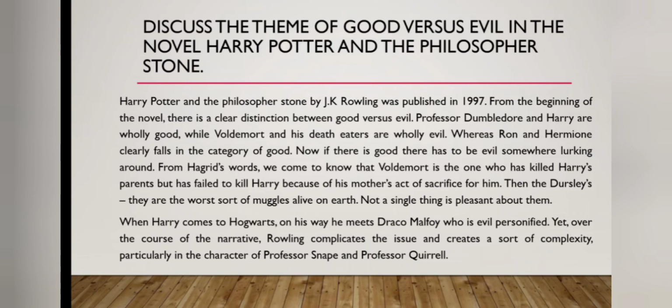Similarly, Dursleys and Draco Malfoy also fall in the category of evil, but in the course of the narration, Rowling complicates the issue of good versus evil through the character of Professor Snape and Professor Quirrell.